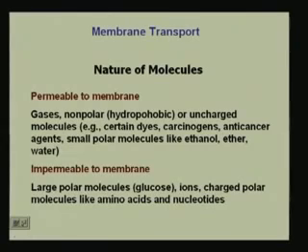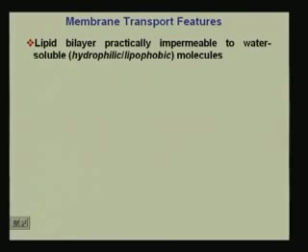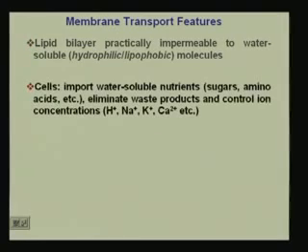So, considering what could happen, let us see what some of these transport features are. First, the lipid bilayer is practically impermeable to water soluble, that is hydrophilic, molecules. The reason, again, is that because it is a lipid bilayer, it would not allow this transfer to be favorable.